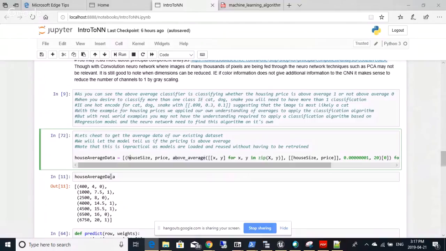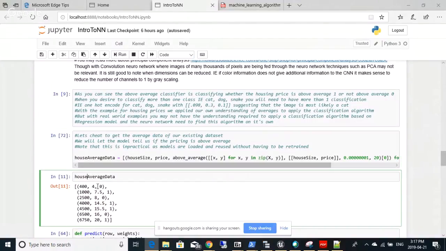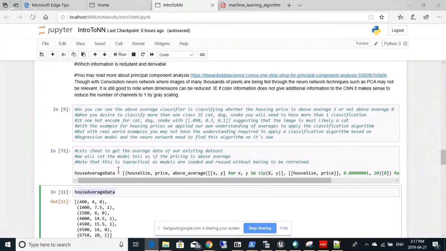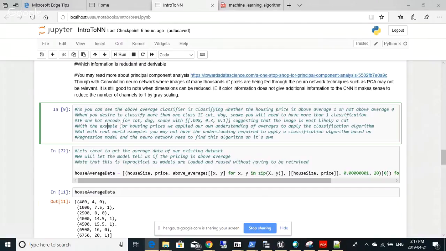simple algorithm rather than the complex one, because when I use the complex one, you can see this is below average, this is below average, but it classifies all these as above average. The only one that said below average was this one, which seemed off, right? So as you can see, if you don't need complicated algorithms to get to a solution, it makes sense not to use them.